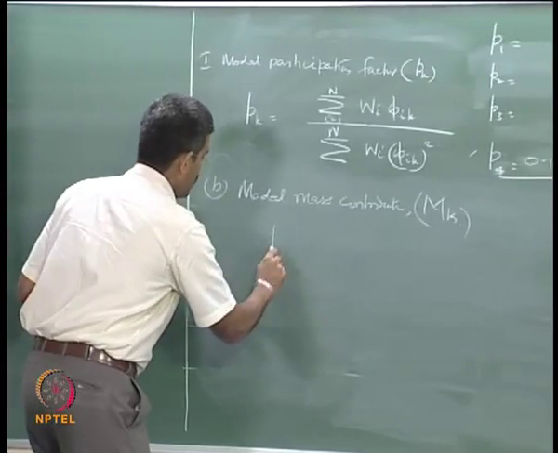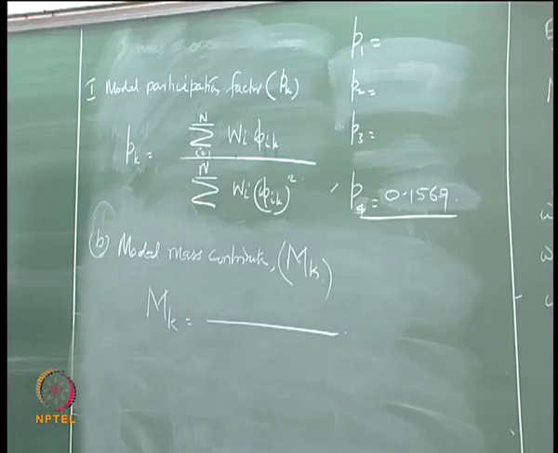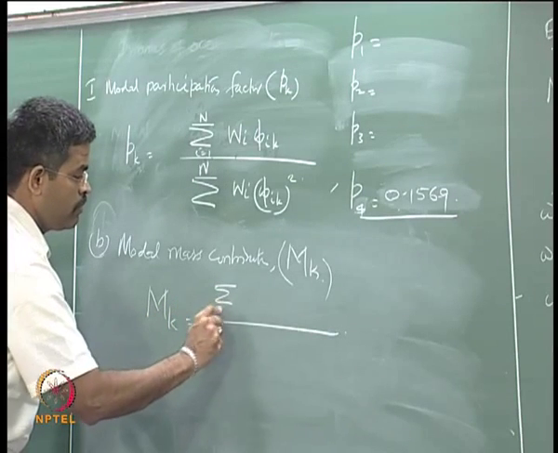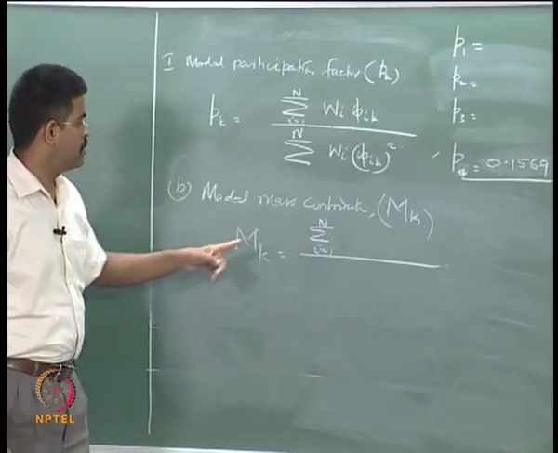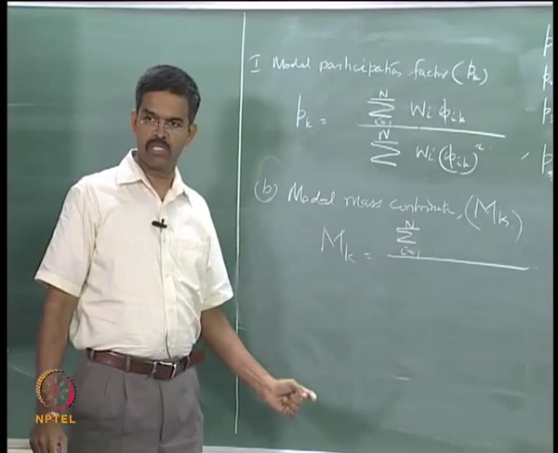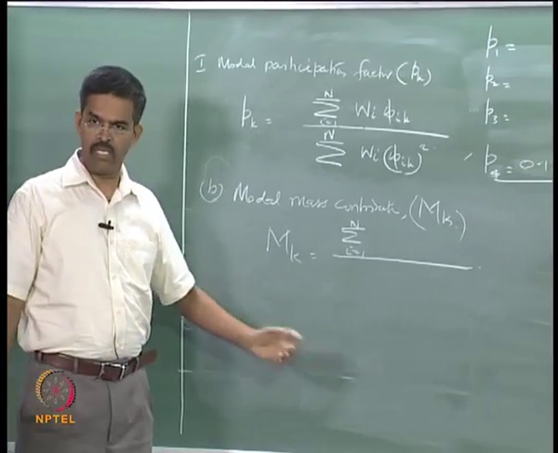Mk is given by summation of i equal to 1 to n. I am not truncating anything, I am just trying to find the modal participation in all the modes and see whether the first mode or first and 2 will sum up to 90, then I will truncate.